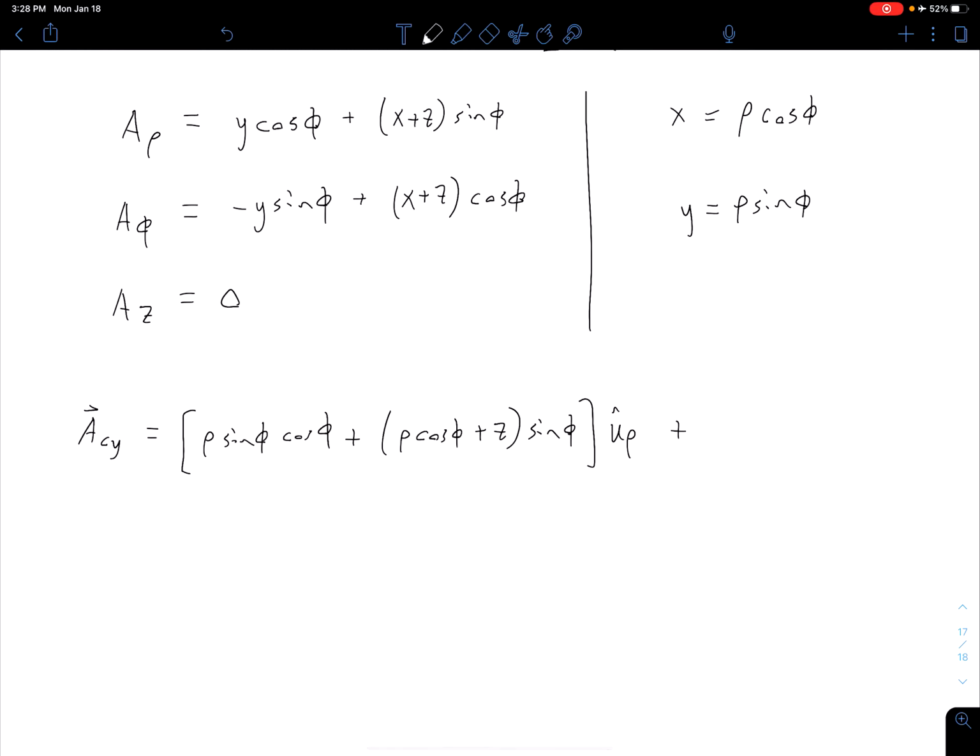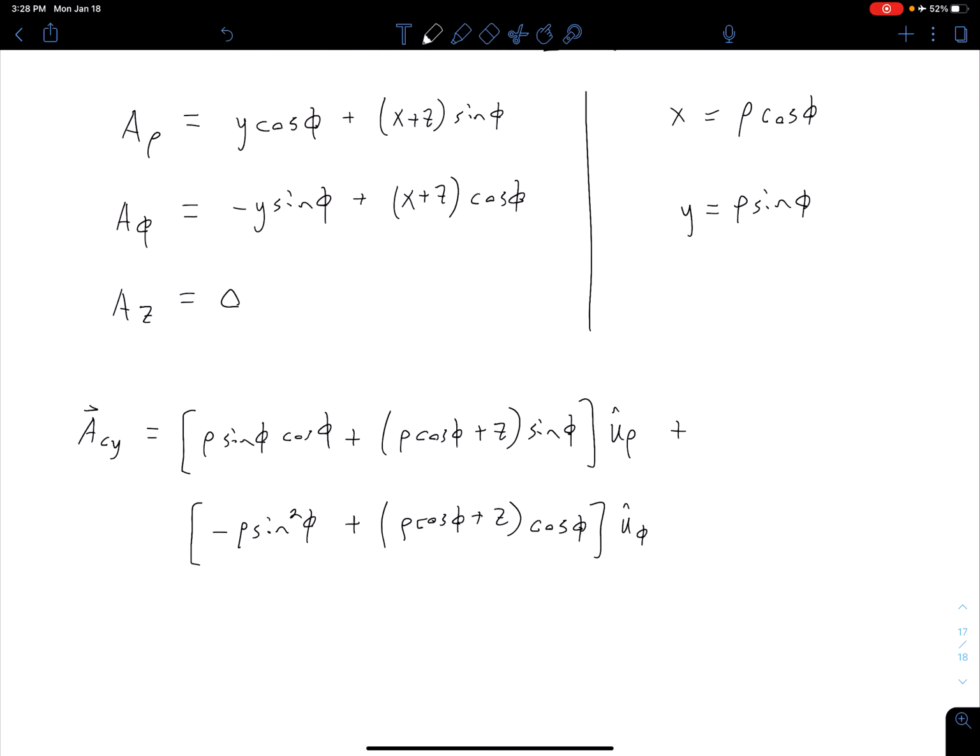Then we're going to have a second term, plus negative rho sine squared of phi, so that's y times sine of phi, plus, again, we have rho cosine phi plus z times cosine phi this time, and all of that is our phi component, so that's multiplied by our unit vector in the phi direction.